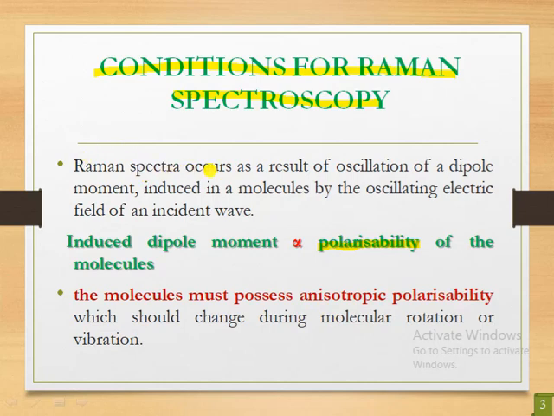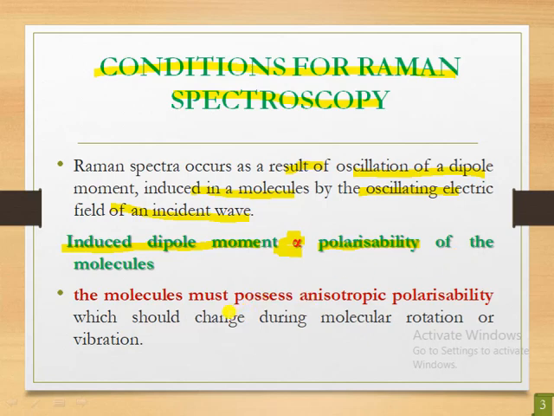Now, the Raman spectrum occurs as a result of the oscillation of the dipole moment induced in a molecule by the oscillating electric field of an incident wave. That means the induced dipole moment is directly proportional to the polarizability of the molecule.